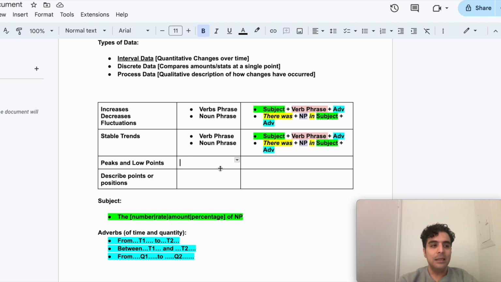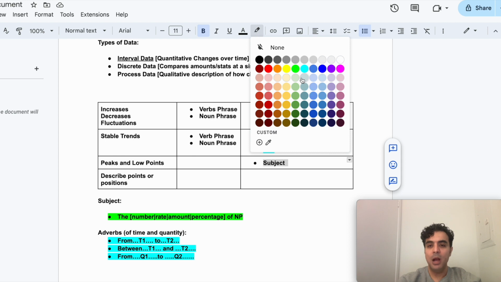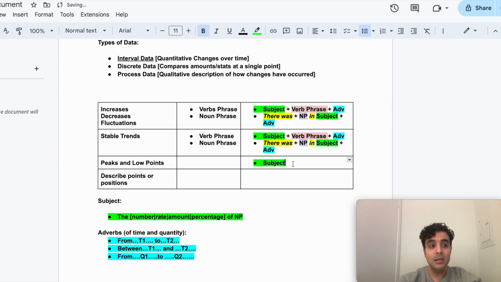So basically, you start with the subject, right? So I'll leave the structure here. We have the subject, which is going to be color-coded in green, because it's identical to the structure that we have used before. And then you're going to follow it with a verb phrase.